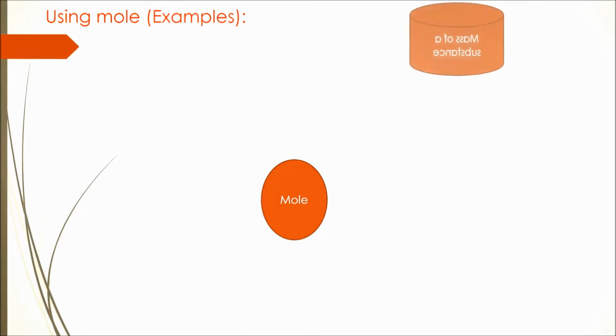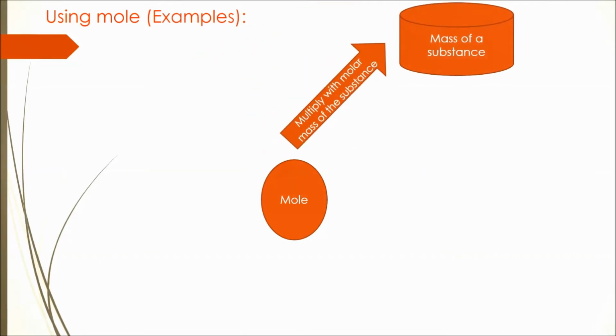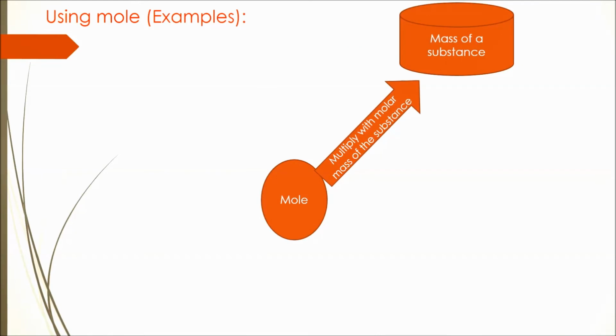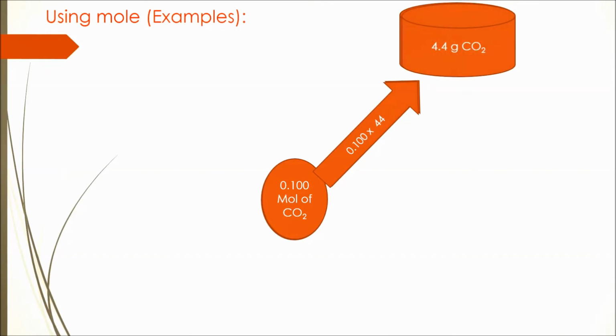Let's go with examples, with mole to be converted into mass first. Mole is multiplied with molar mass, and we get mass. The example is 0.100 mole of carbon dioxide, and we multiply this with the molar mass of carbon dioxide, then we get this many grams of carbon dioxide.